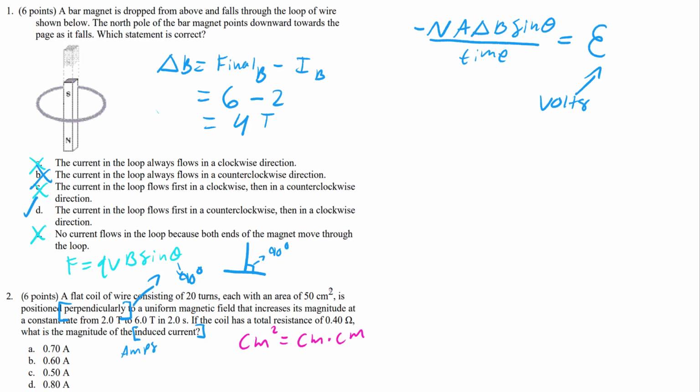And SI units means that we're working with kilograms, meters, and seconds. We don't have any mass, we do have seconds, that's good, but we don't have meters. So what do I have to do to get 50 centimeters squared to meters?